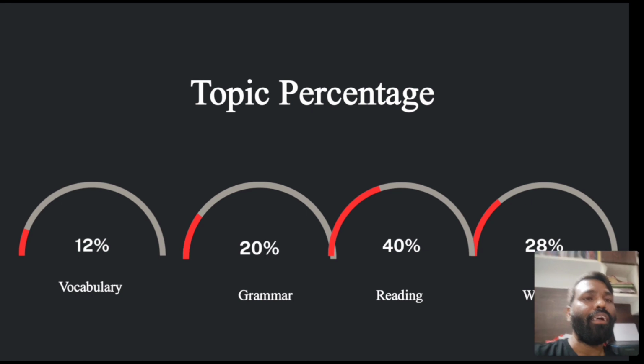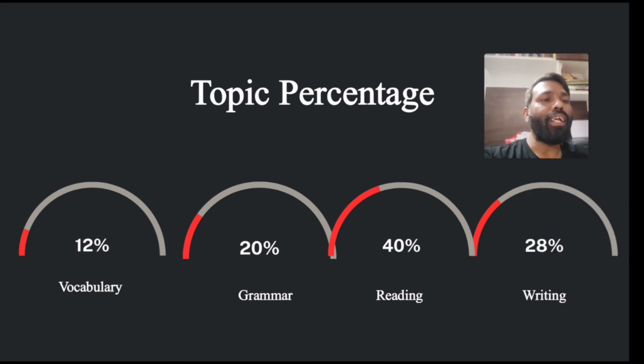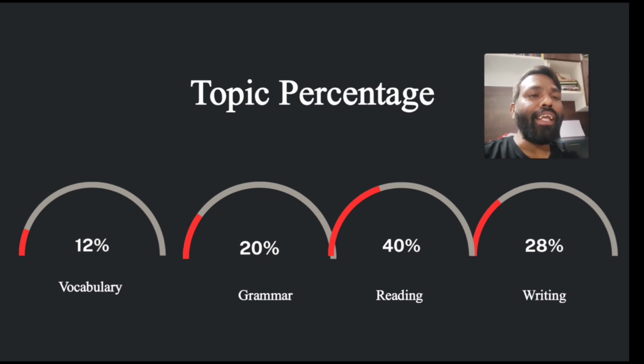And see the topic wise percentage. Here in our question paper, vocabulary is only 12%, grammar 20%, reading 40%, and writing 28%. So once again I am stressing that reading is a very crucial part in our question paper.